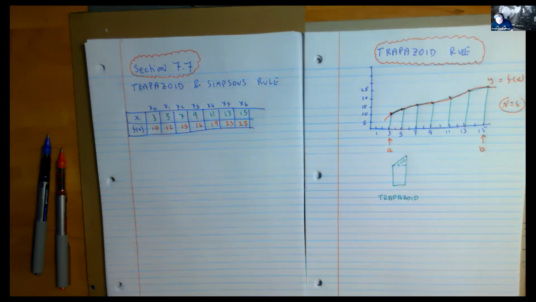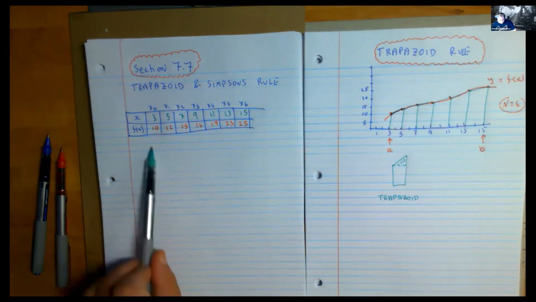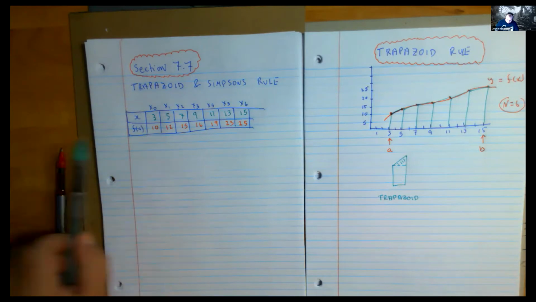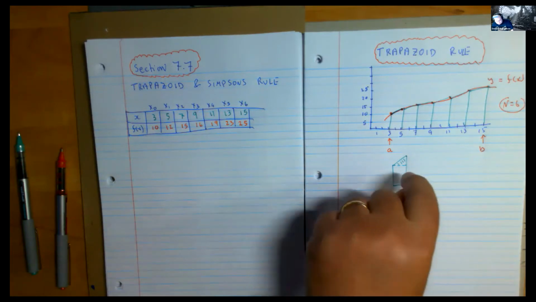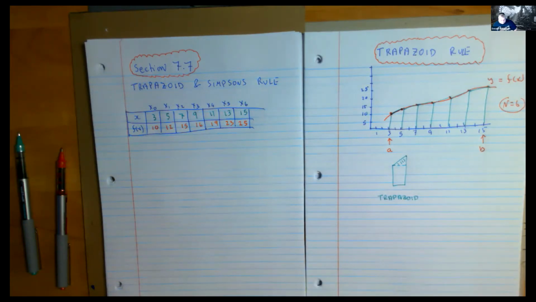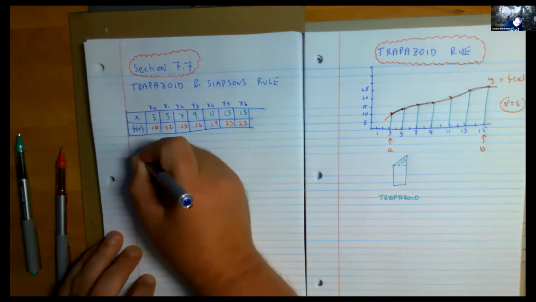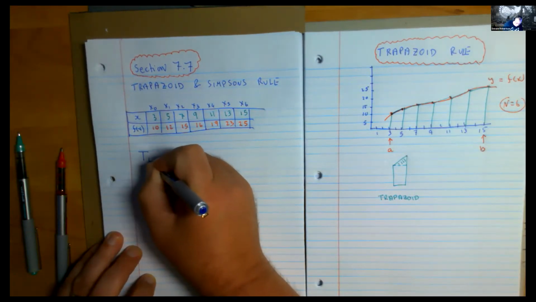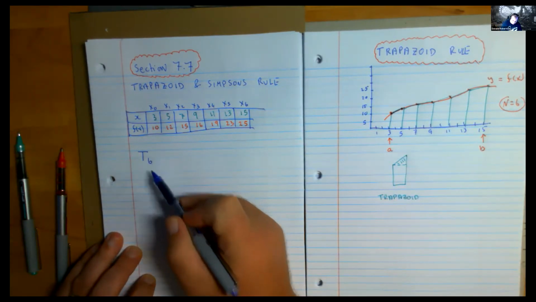And what I do now is add up the area of those little trapezoids, and some other person, thankfully, has figured out that there's a formula for doing that without you physically having to do 6 separate calculations. If you find them all and add them up, you get a guy called T6: 6 strips, T for trapezoid, T6.